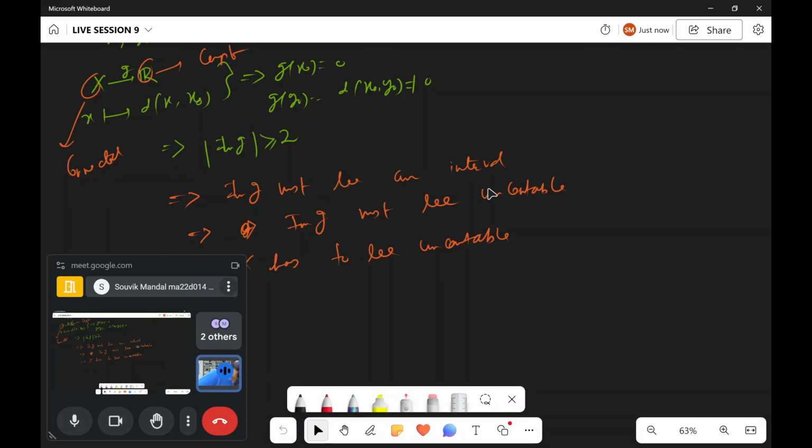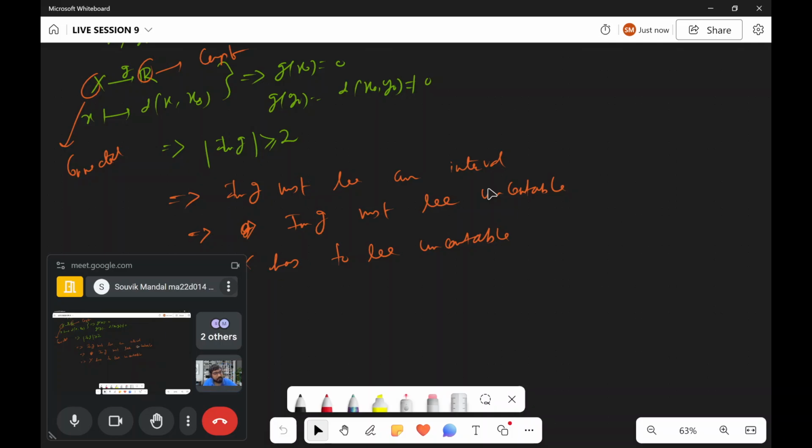And next question. Why is S^n minus countable points connected? Before going to the previous question, do you understand this question?